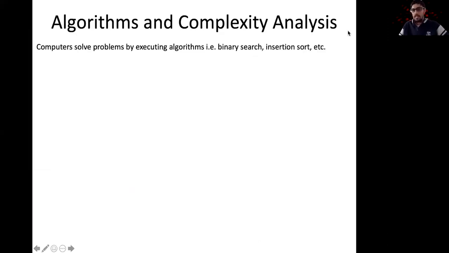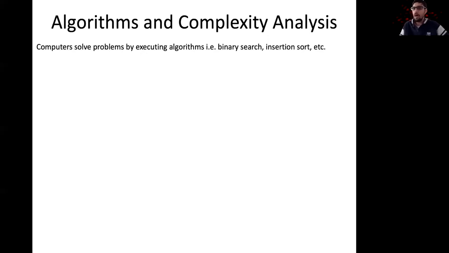Classically, we know that computers solve problems by algorithms. So you have a problem that you want to solve on a computer. You develop an algorithm that solves the problem, and then you execute that algorithm on a computer. And if the algorithm has been executed properly, at the end, you will get the answer.